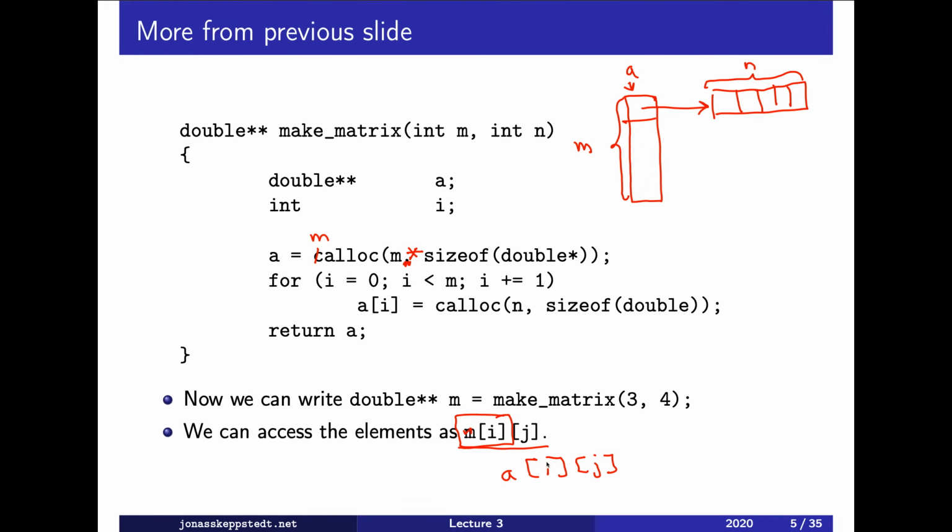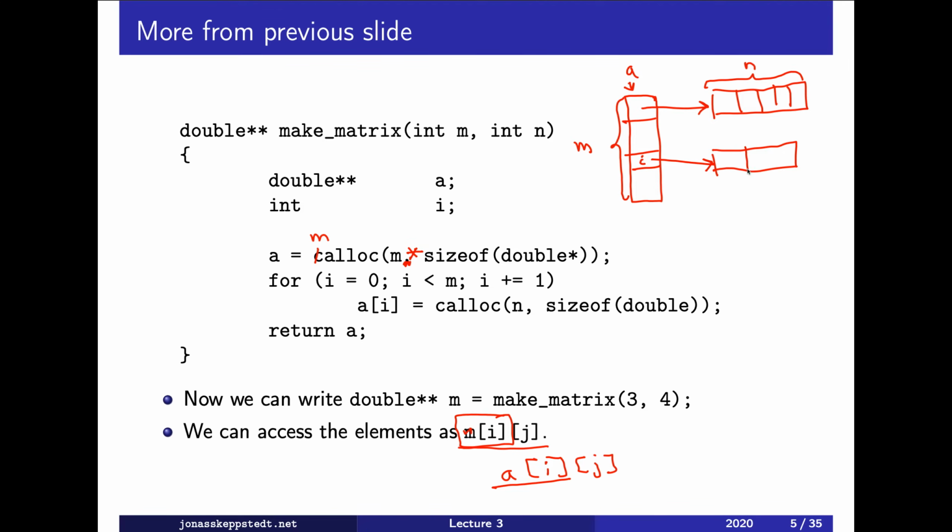So, to get to the element I, we use the first part here and say it's this row, which is I. Okay, and then here is a pointer to n doubles that we allocated there.